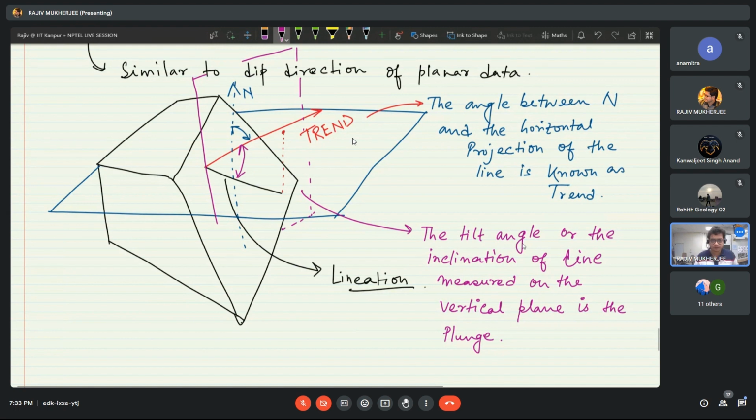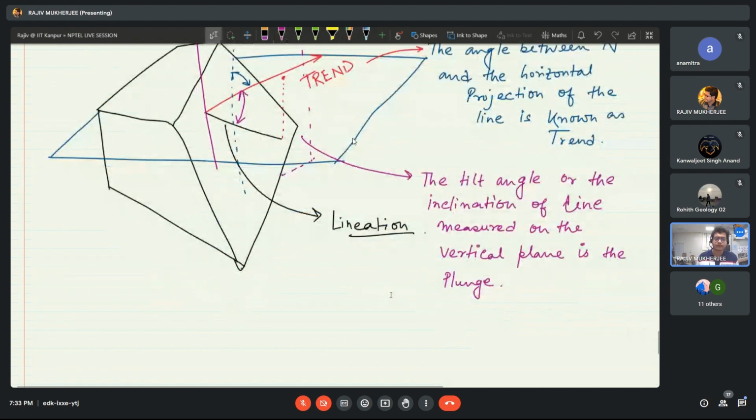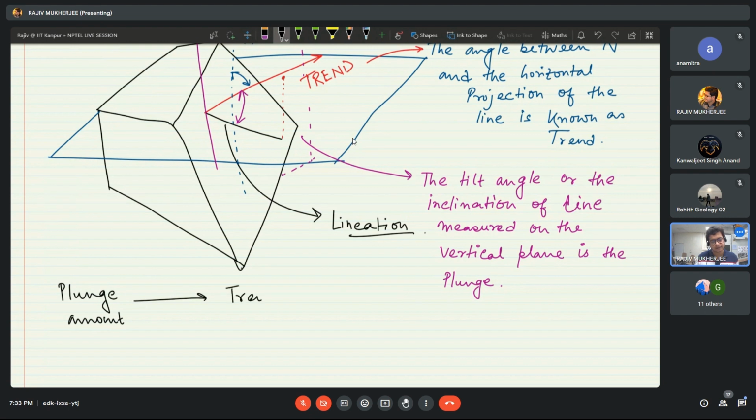So how do we note these things? We simply write the plunge amount, then put an arrow and the trend or the direction, right?